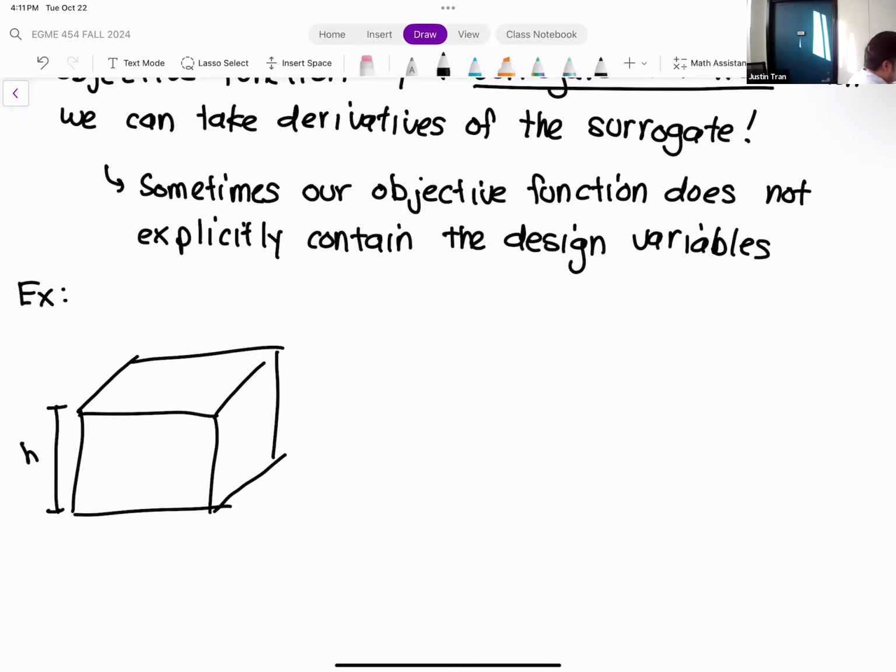Our objective function in this case, let's say we're mostly concerned with the structural integrity of the building itself. What's commonly done is that you can run a finite element simulation on this, apply loads to the building, and predict what the stresses and deformations are going to be.